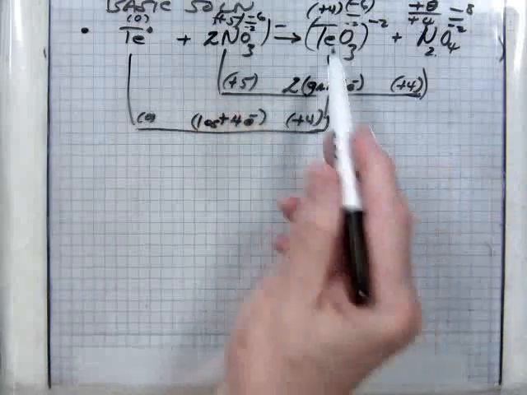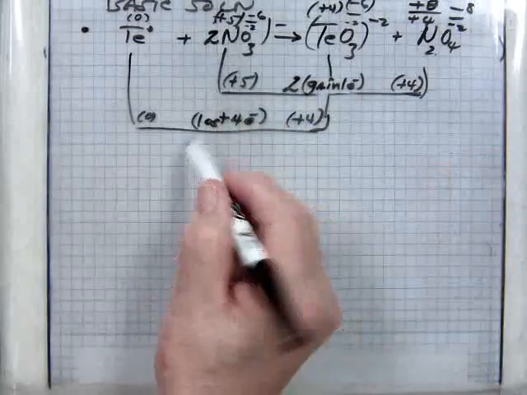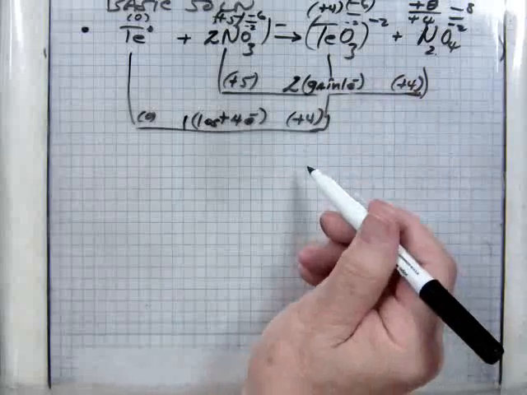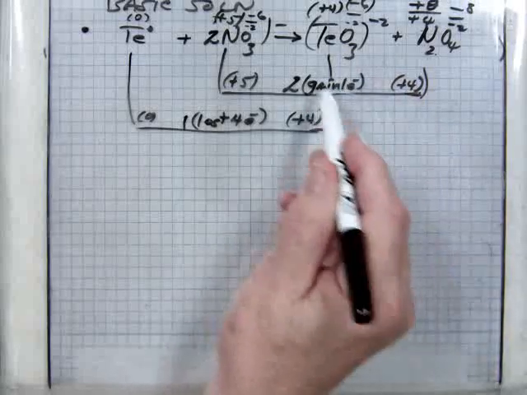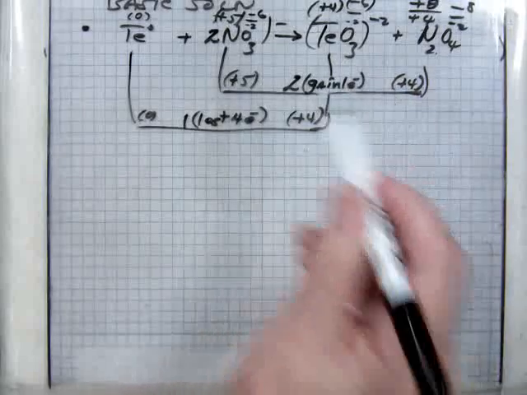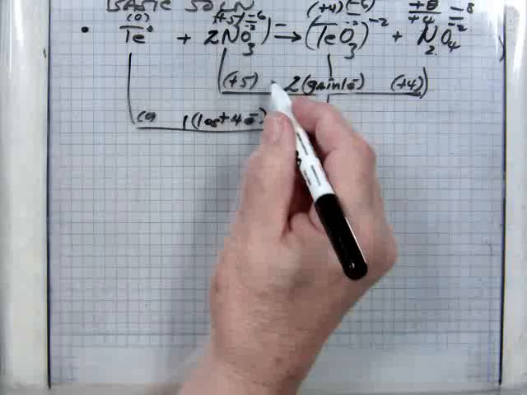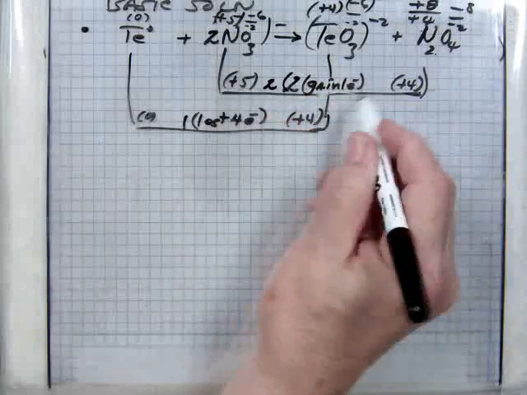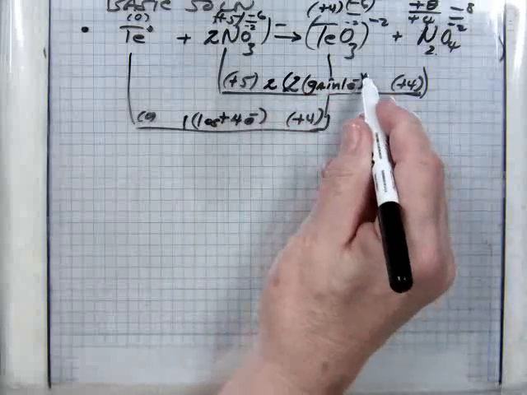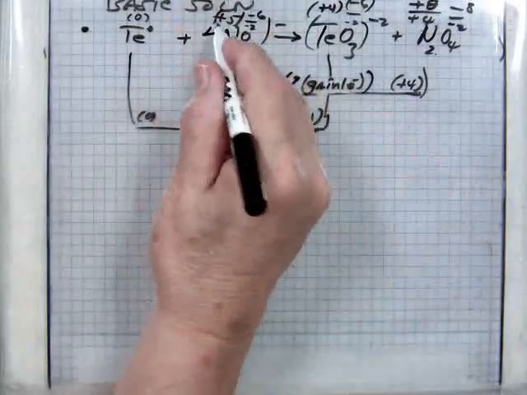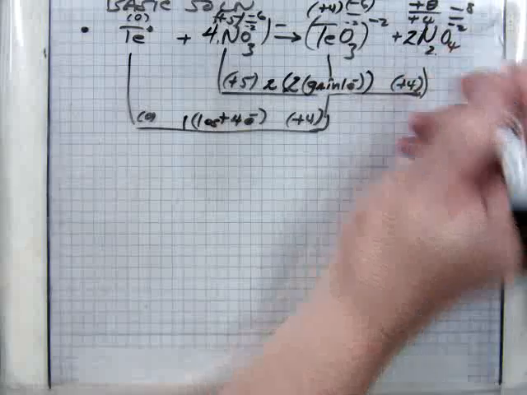And tellurium each element lost 4 electrons. Well, that doesn't balance here, so what I need to do is I need another 2 nitrogens in this case, so that would make this into a 4, and I put a 2 right there.